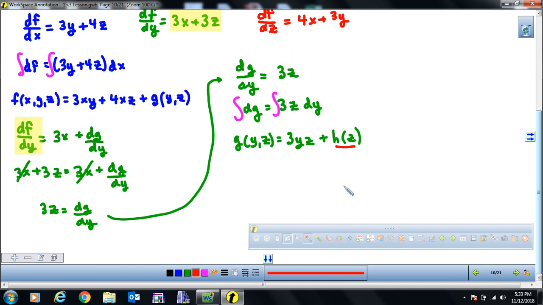But before we do that, I'm going to substitute all of this into the original function.